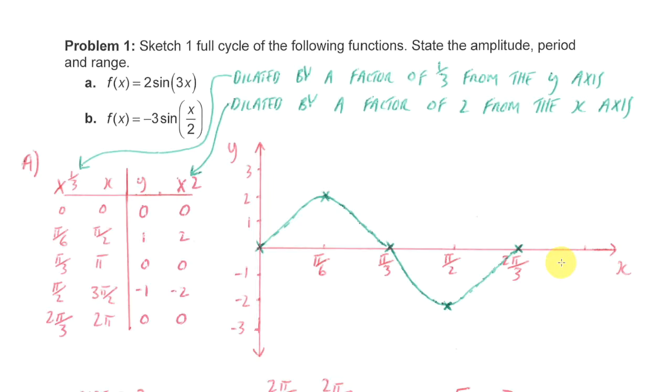And then, of course, I follow the basic sine graph. We start at the median, go to the max, back to the median, go to the min, back up to the median. And that shows one full cycle.